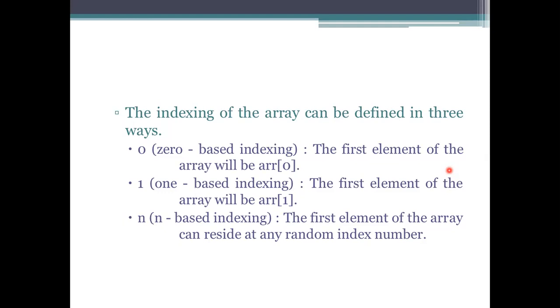Likewise, we have 3 such ways to store elements. Storing the first element at the 0th index, at the first position only, is called 0-based indexing.